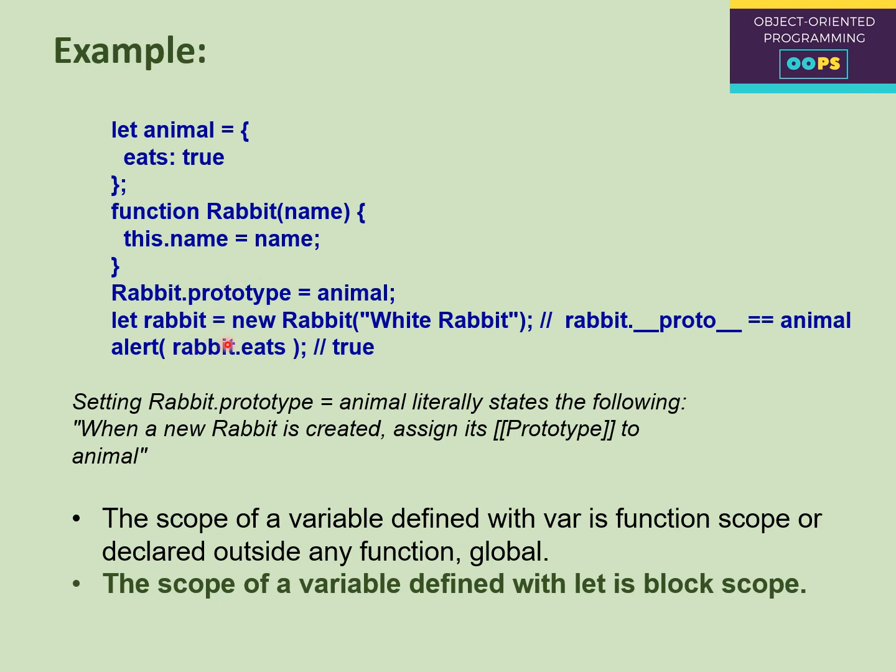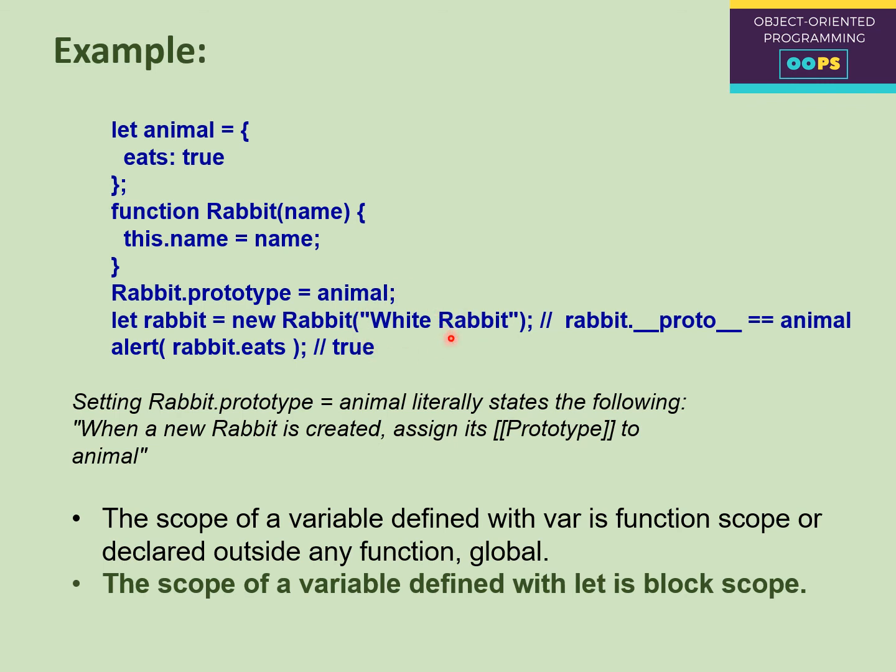Then let rabbit = new Rabbit("White Rabbit"). We know that the scope of a variable defined with let is block scope. So here a new Rabbit object is created with the name White Rabbit.